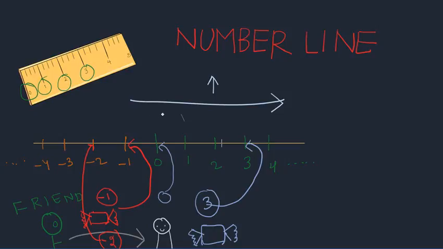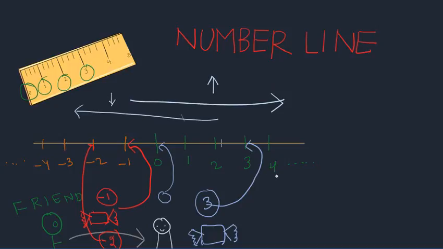Whereas if you move towards the left on a number line, the value of the number goes on decreasing. So let's see that from 1 to 0, then from 0 to -1 it's decreasing, then -1 to -2 again it's decreasing. So when you move towards the left, the value of the number decreases, and when you move towards the right, the value of the number increases.